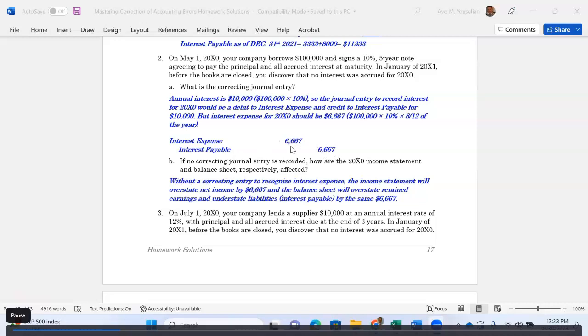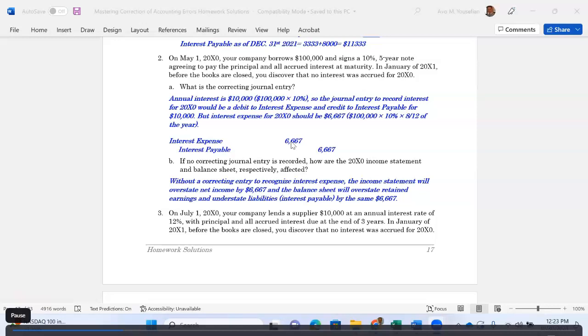How about if you don't do this? If you forget the whole thing, then you're going to mess up the financial statements. If you don't record the interest expense, the expense will be understated. If expense is understated, then net income will be overstated.